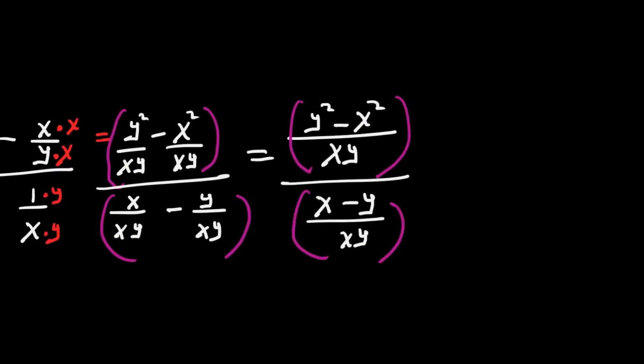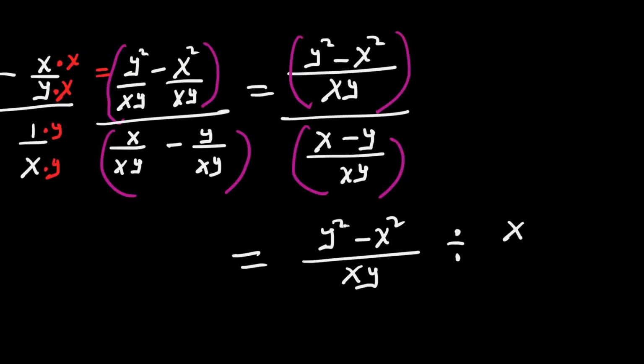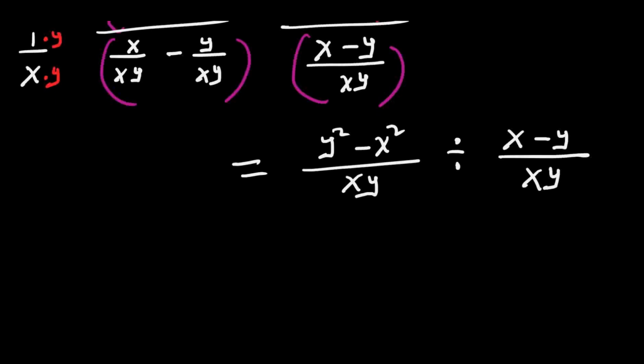So this is the same as y squared minus x squared over xy divided by x minus y over xy. So this is the numerator, and this is the denominator.